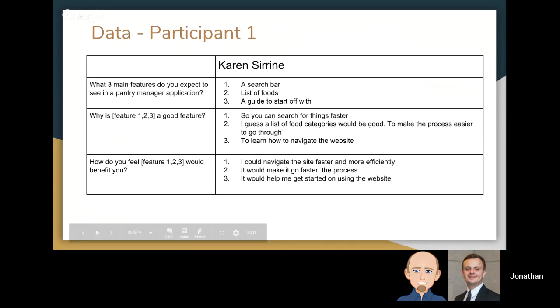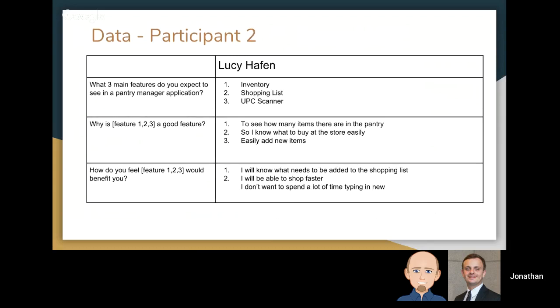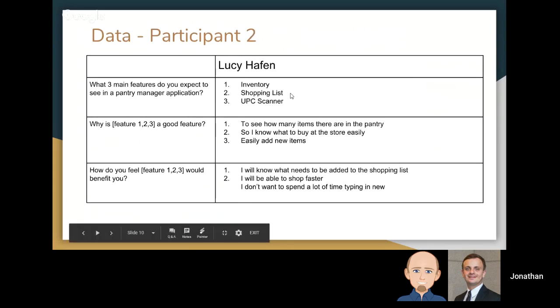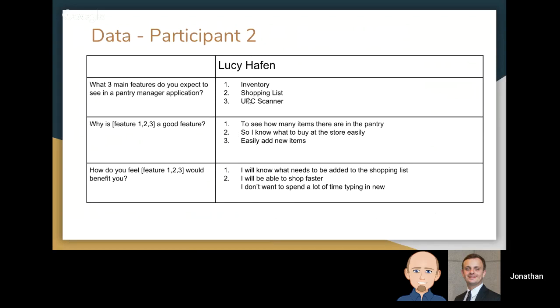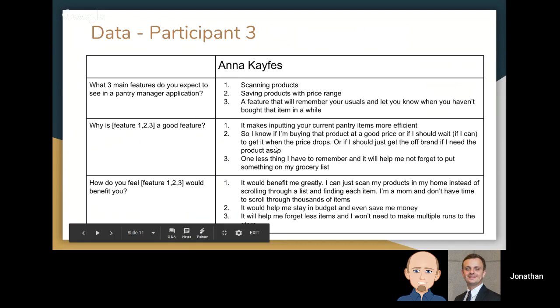It could have been recorded in a more hierarchical tree fashion, like we talked about in the presentation, but this works and lays it out in a nice table. Here you have the same thing. How do you feel about shopping list, UPC scanner, and the answers to those questions corresponding?